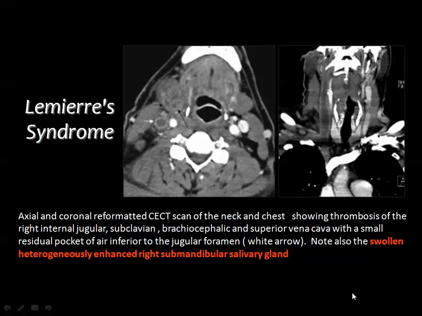In this patient, you see this is the internal jugular vein, which is totally thrombosed, and this is the common carotid artery.